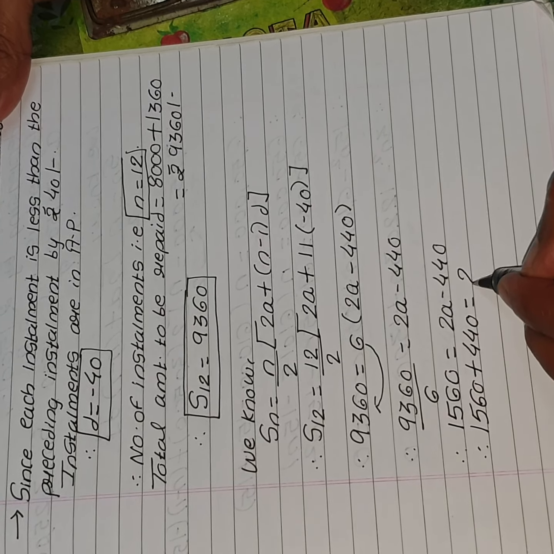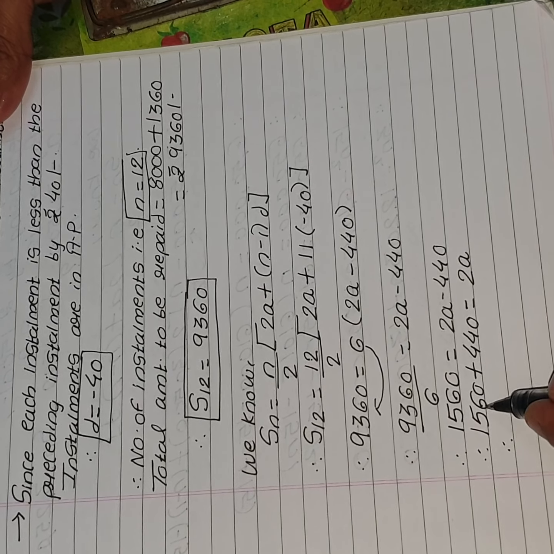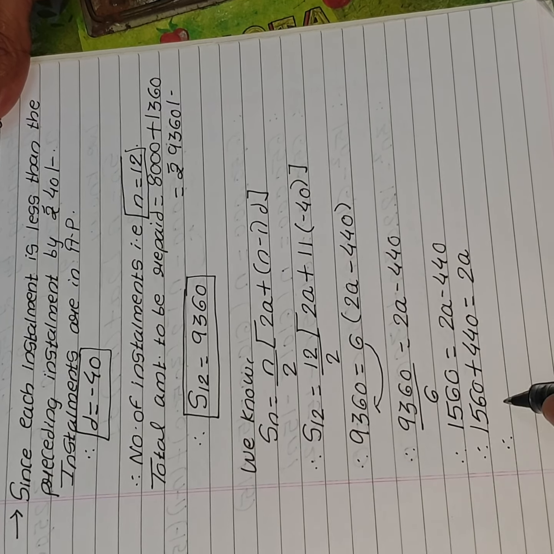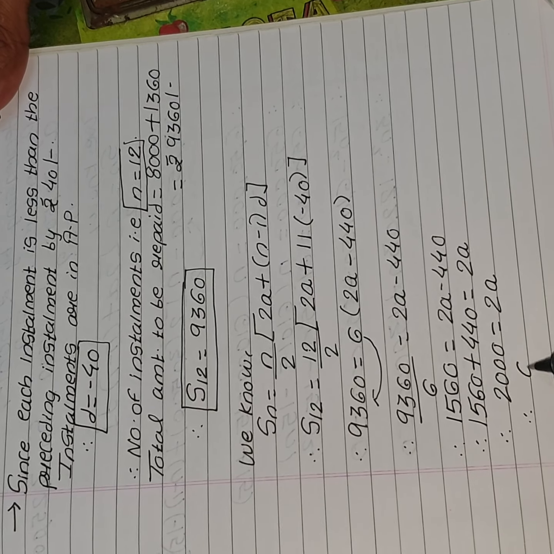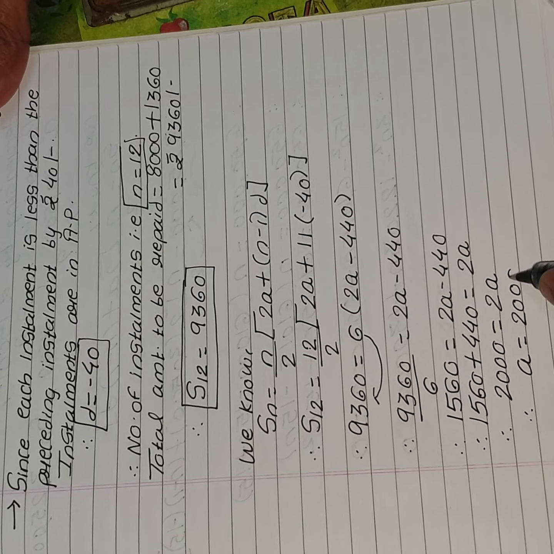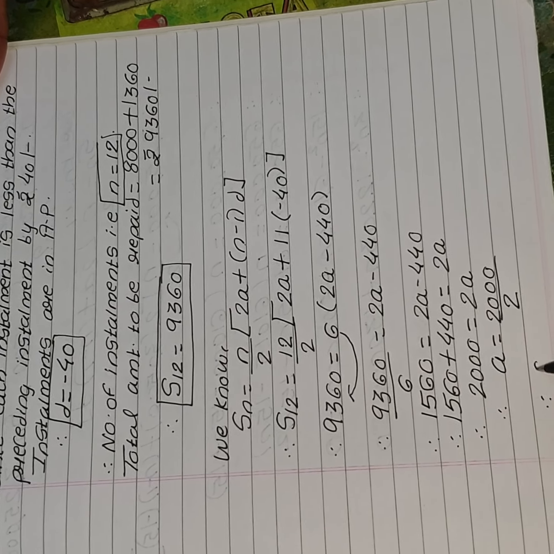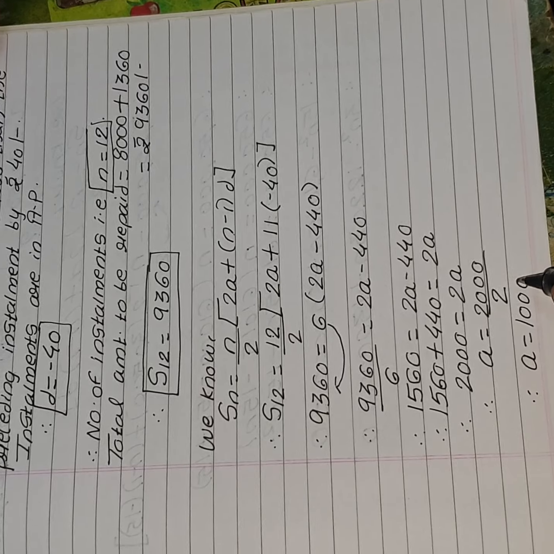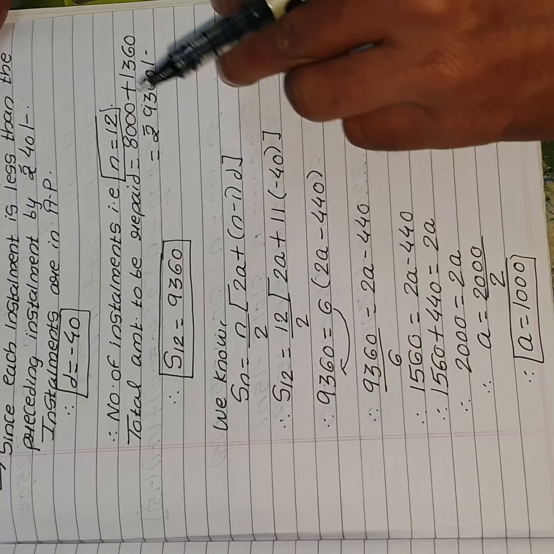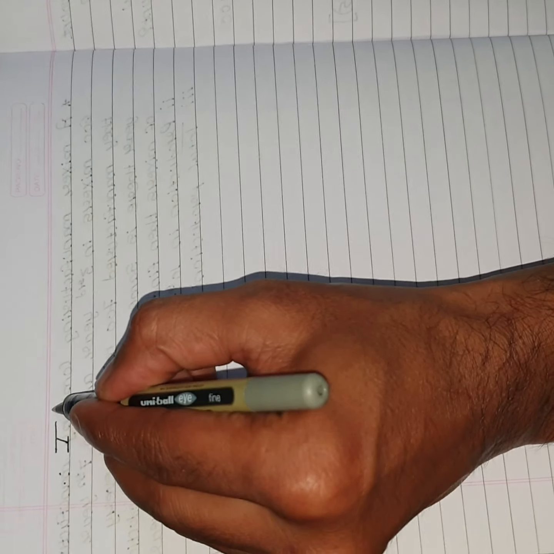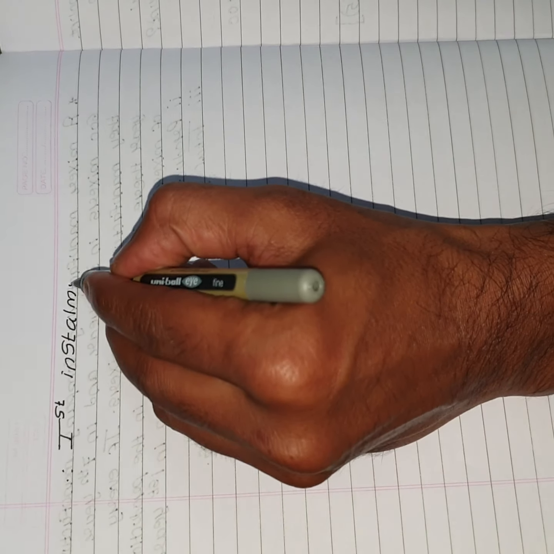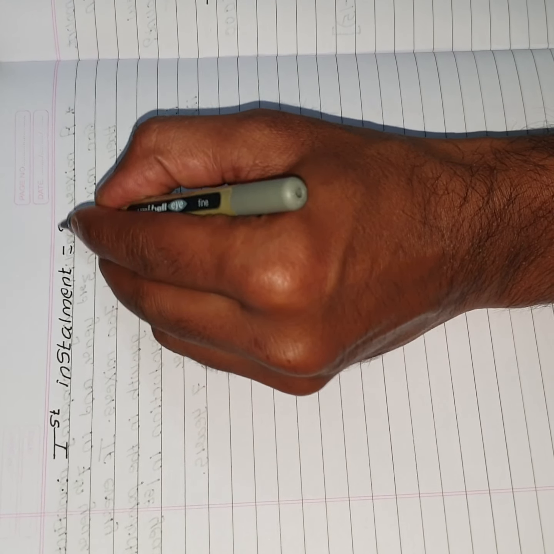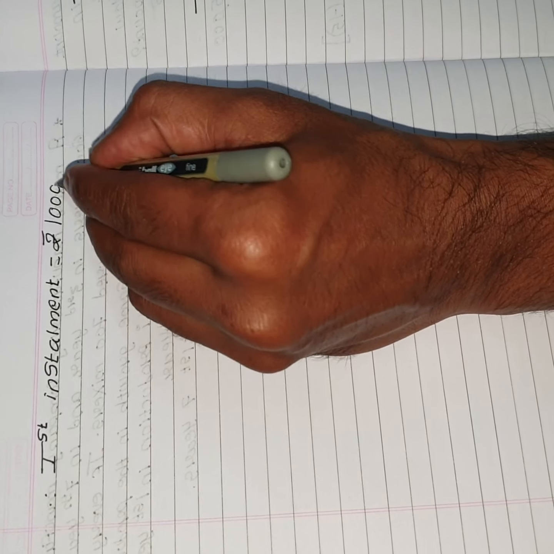Therefore 1560 plus 440, 2000 is equal to 2a. Therefore a is equal to 2000 upon 2. Therefore a is equal to 1000. Now I got the value of a. What will be a? That is, therefore first installment is equal to rupees 1000.